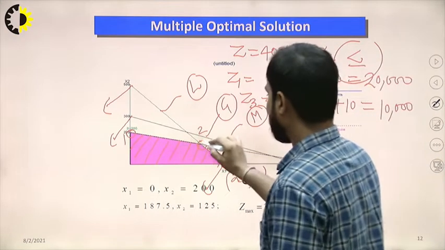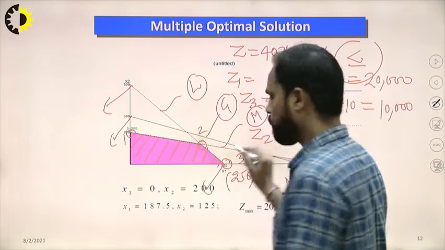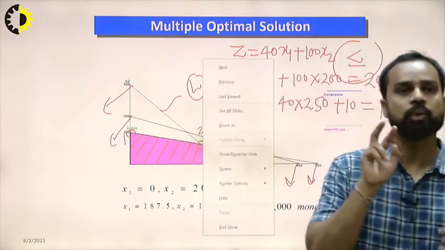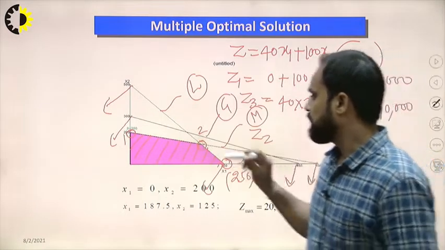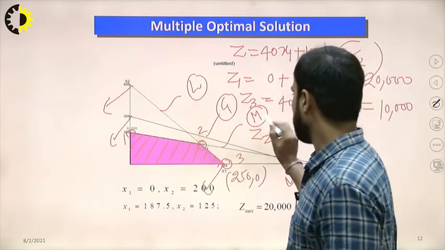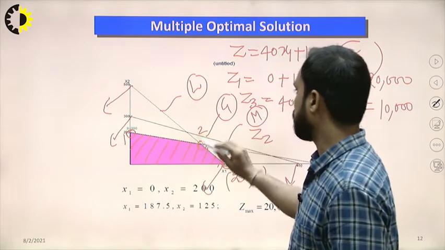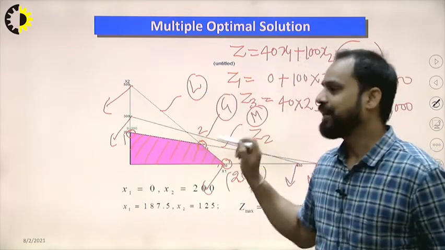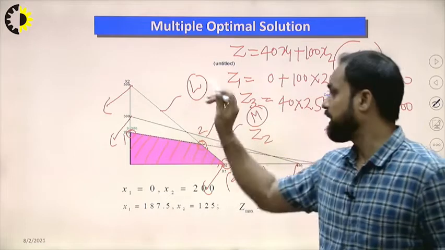Right, now we have to see the second corner point. This corner point is the intersection of 2 lines. Which lines? The intersection of the milling line and the lathe line, right? So this corner point lies at the intersection of the lathe and milling lines.